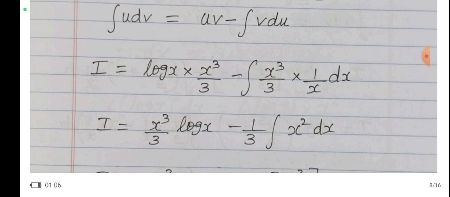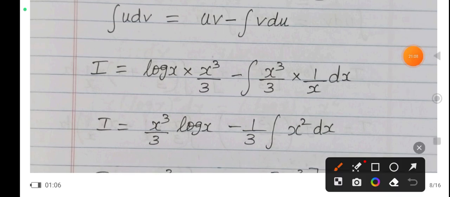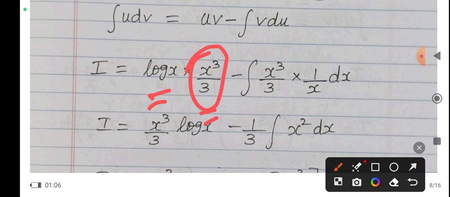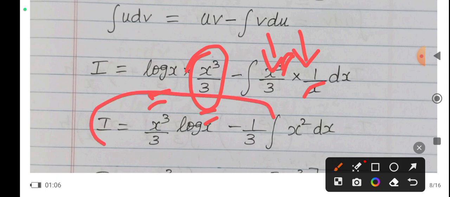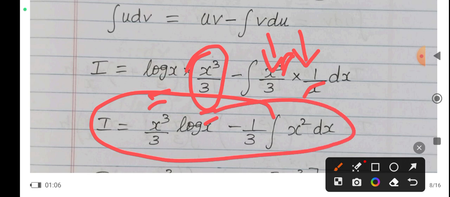Then apply integral u dv equals uv minus integral v du. u is log x, v is x cube by 3, minus integral v is x cube by 3, du is 1 by x dx. And then x and x cube get cancelled, we will get x cube by 3 log x minus 1 by 3 x square.